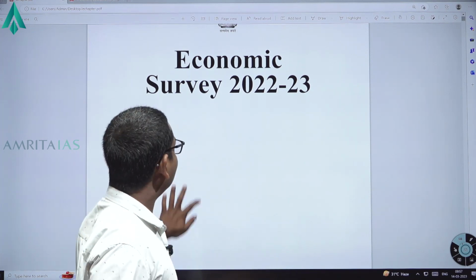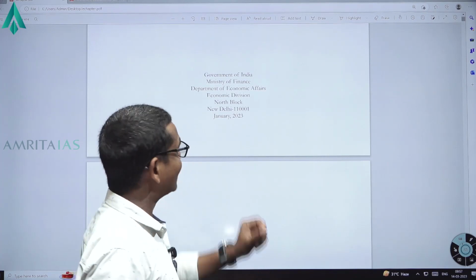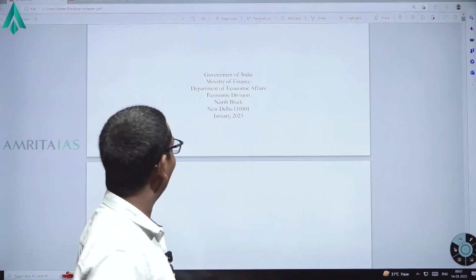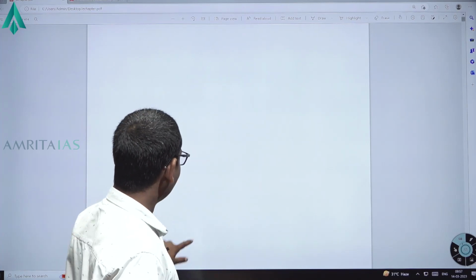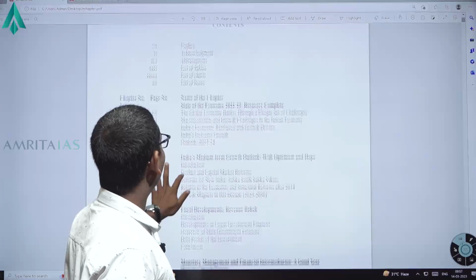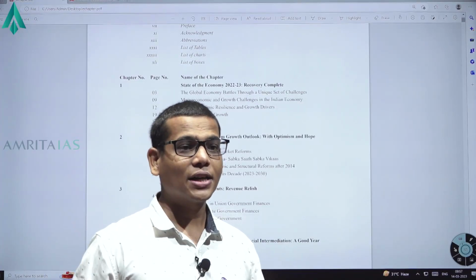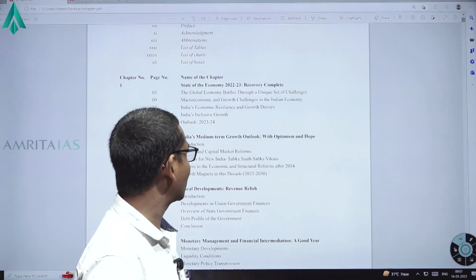Okay. So this year economic survey has been presented in only one volume. The second book is not a volume, but it is something like a statistical appendix. I will show you. And in this volume, they have given 12 chapters, and each and every chapter has its own importance.